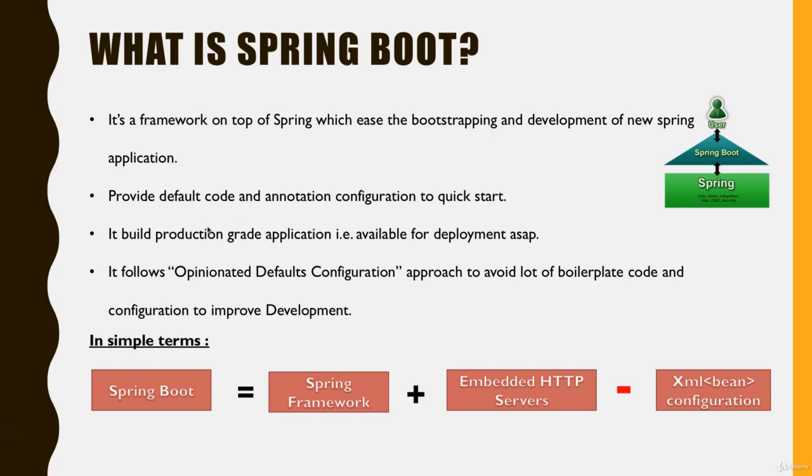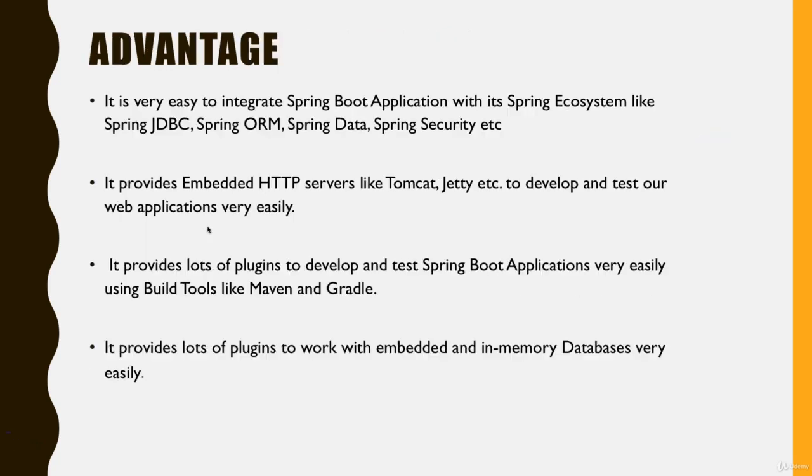It builds production grade applications, available for deployment as soon as possible, with many features like actuator, logging, and security. It follows the opinionated configuration approach, so it speeds up your development time. In simple words, Spring Boot is the Spring framework plus embedded servers minus XML bean configuration. That is pretty much what Spring Boot defines itself as.